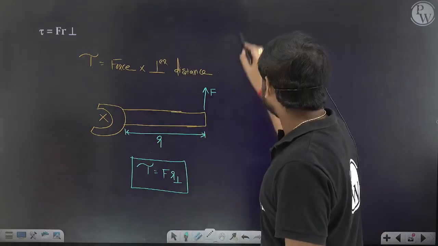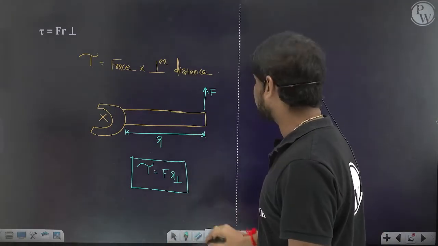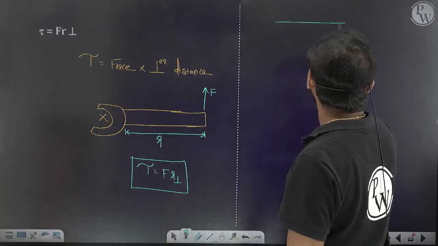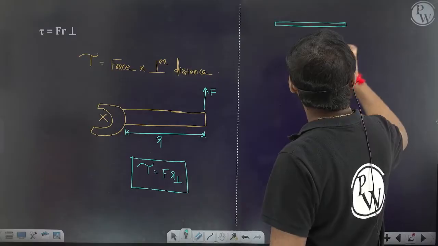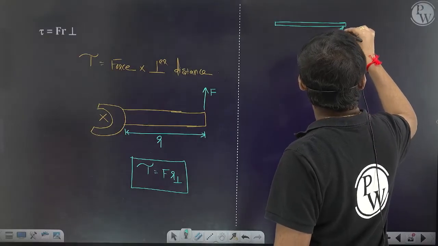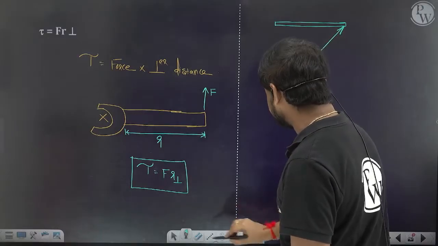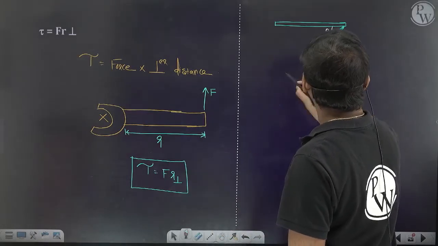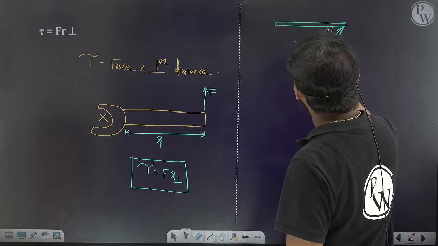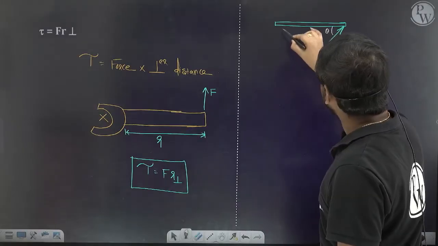Understanding? Or else, suppose this is a body. If you are applying the force this way, at an angle theta, what will be the perpendicular component of the distance? Consider that you are rotating the body about this point.